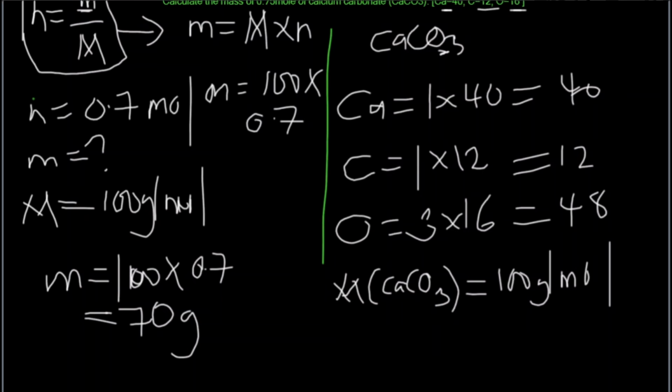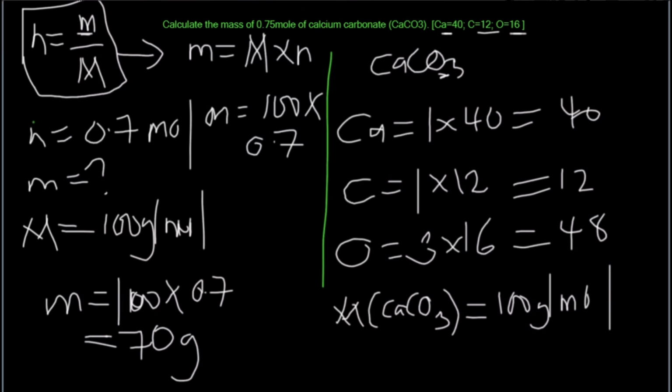So you can see where we started from. First, you have to write the parameters. n equals 0.7 moles. m is what we are looking for because the question said calculate the mass. Then you find the molar mass of the compound given, calcium carbonate.